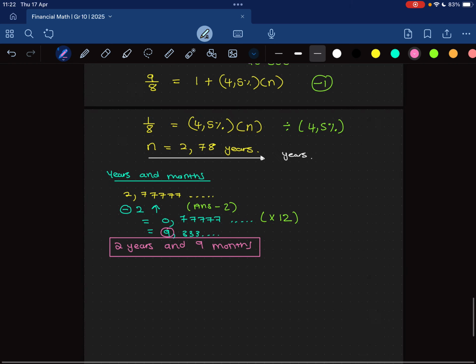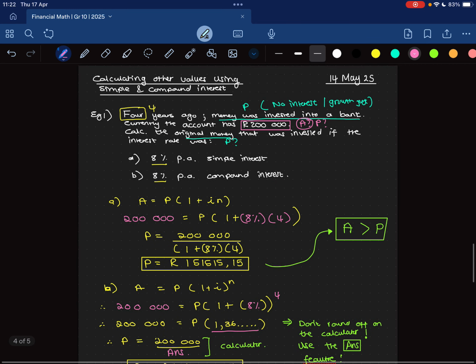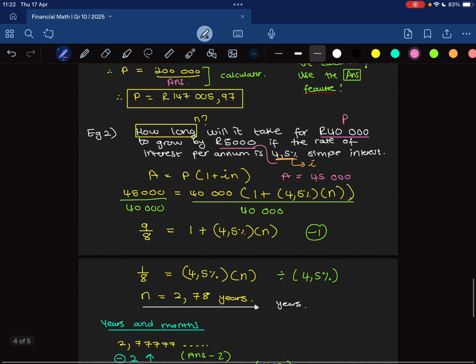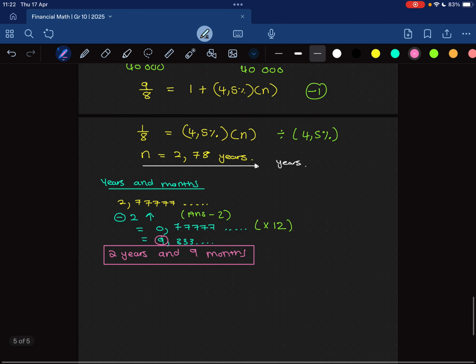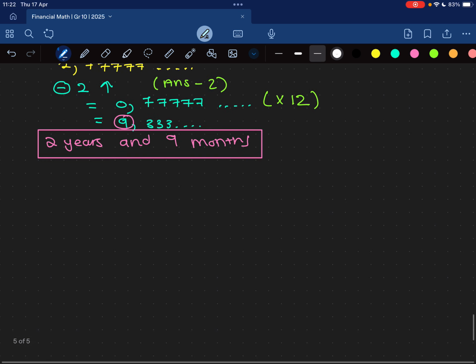Okay, so we've worked out now how to calculate the p-value. We've worked out how to calculate the n-value. Important, I'm not really going to write it down, but we will never ask you to calculate the n-value for compound interest, okay? Because that requires something that you will only learn much later on in maths.